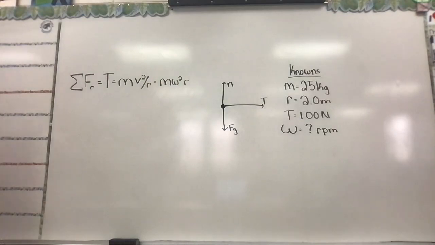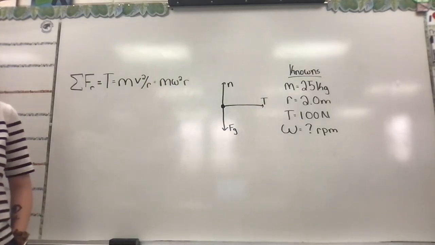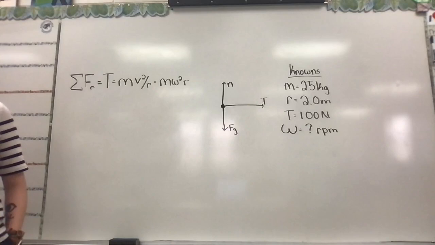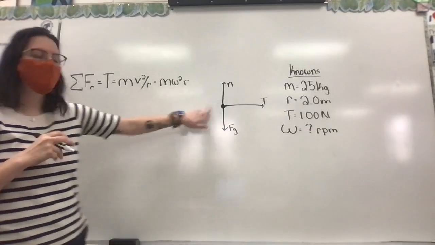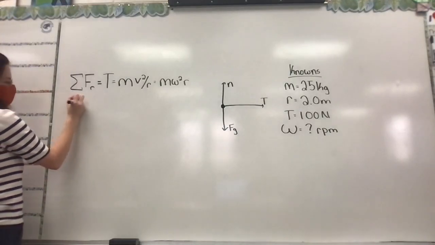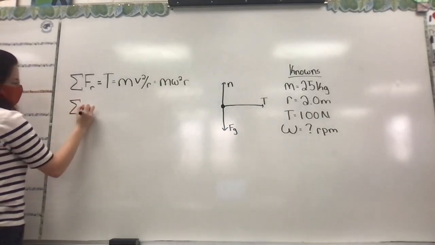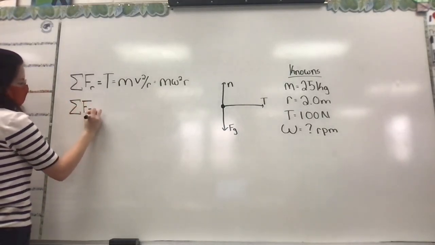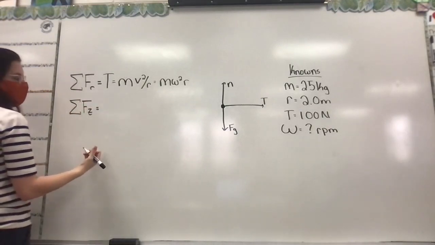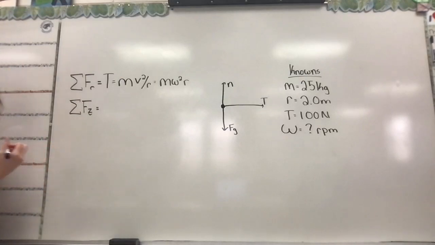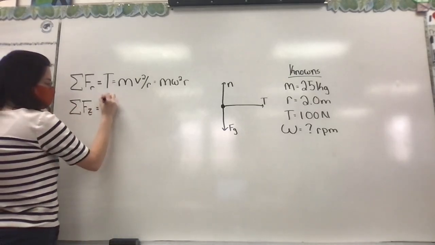And then, do we have anything in the t-plane right now that we're dealing with? Any forces on this picture? No. So what's the other plane we have? Yeah, the z-plane, okay? So what forces are in the z-plane? We got two. Yeah. Gravity and the normal force.